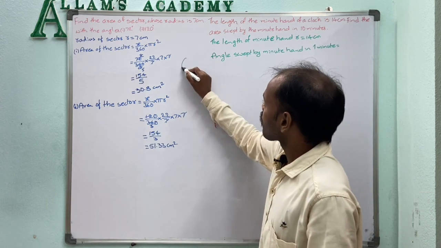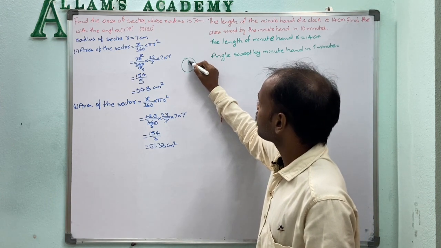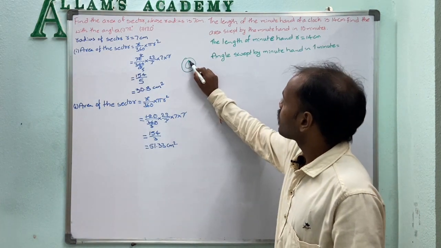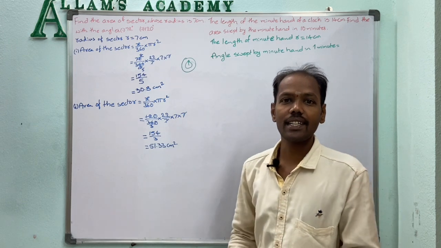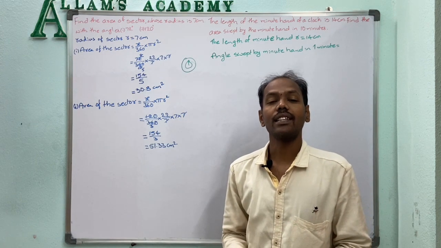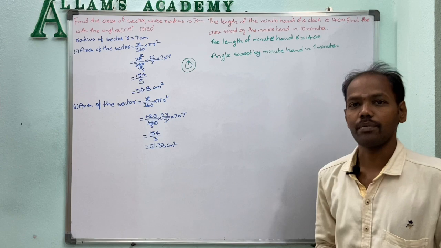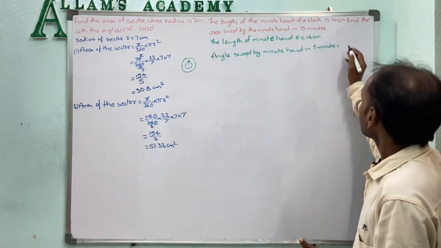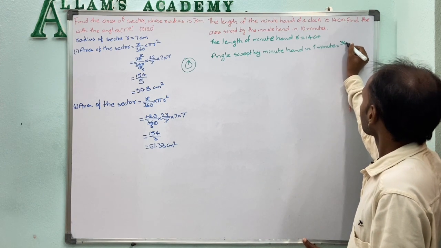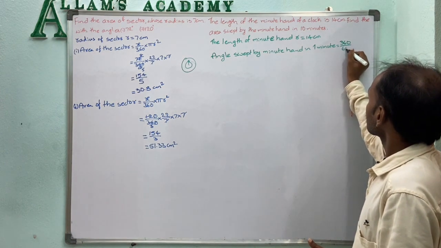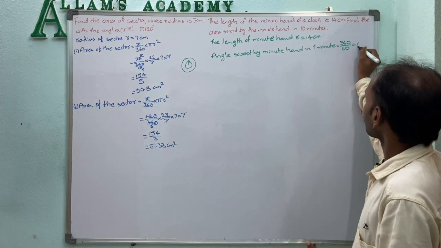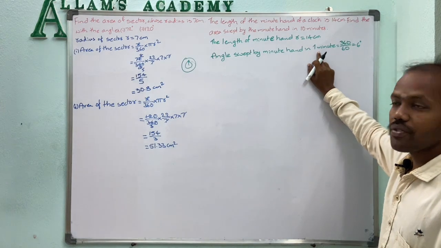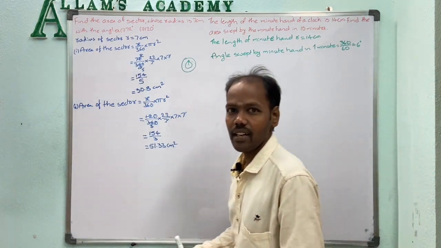For a complete rotation of the minute hand it is 360 degrees, and for a complete rotation it takes 60 minutes. So the angle swept by the minute hand in 1 minute equals 360 by 60, which is nothing but 6. So in 1 minute it sweeps a 6 degree angle.